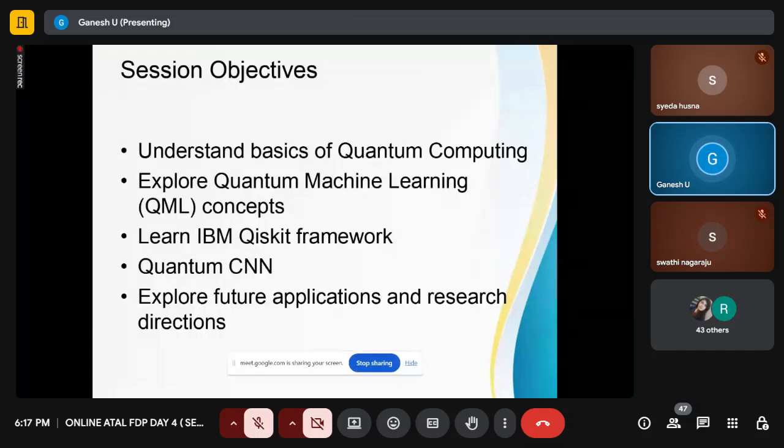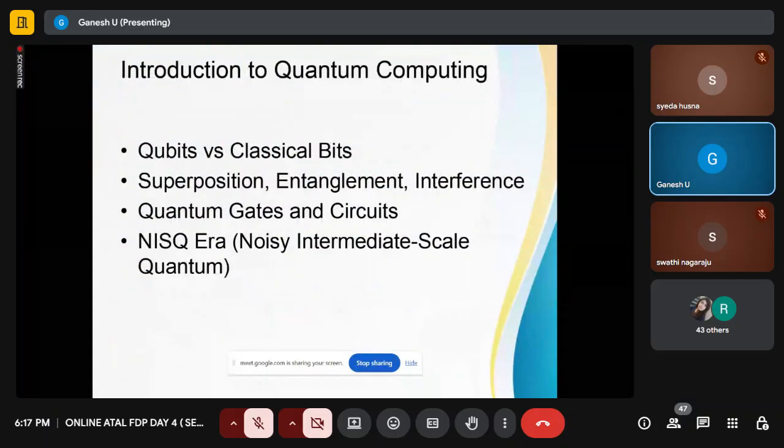After that we have to pay some amount to IBM Cloud. Next, we will discuss quantum CNN. Next, explore future applications and research directions in quantum ML models, together with quantum computing and ML, DL technology. That also we'll discuss.